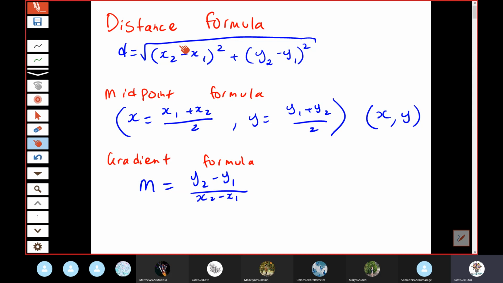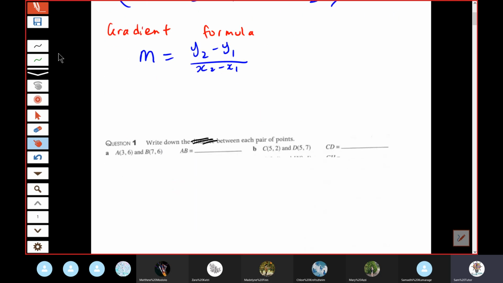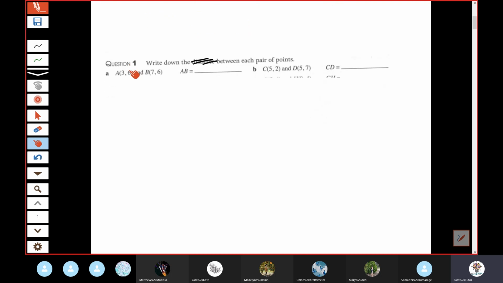D equals the square root of x2 minus x1 all squared plus y2 minus y1 all squared. Now, what does x2 and x1 and y2 and y1 stand for? Actually, all it stands for are 2 points. So you're always going to have 2 points. This can be called your first point, and this can be your second point.